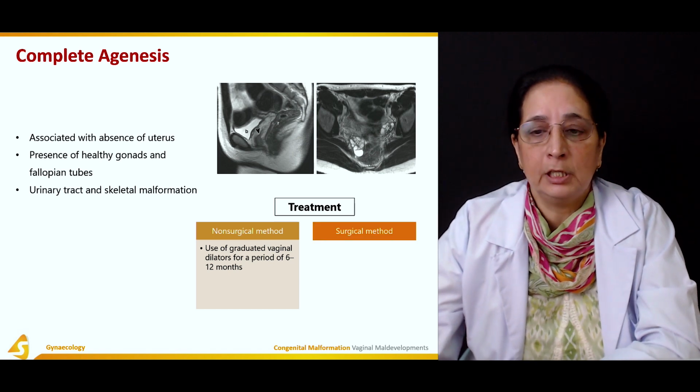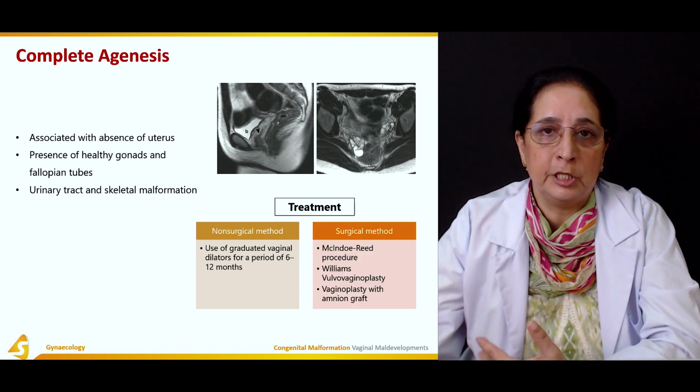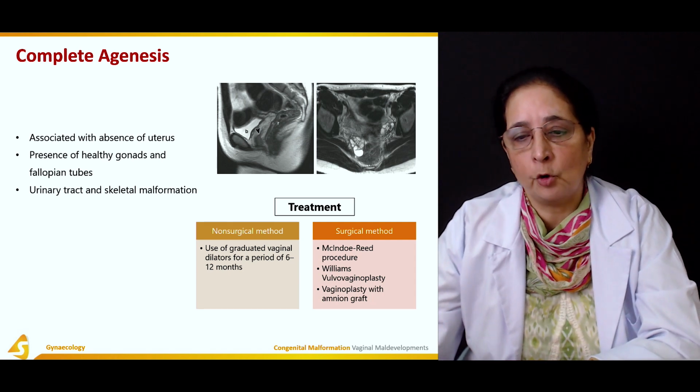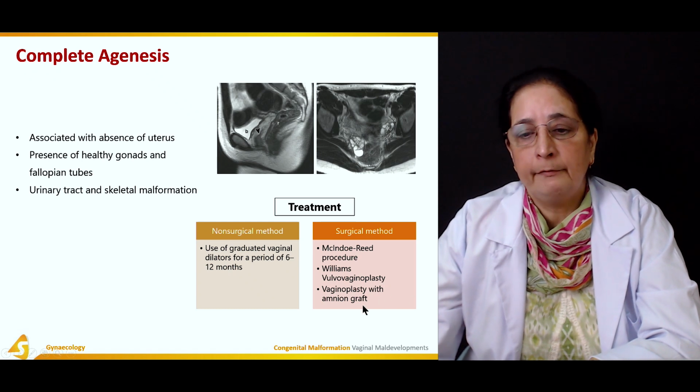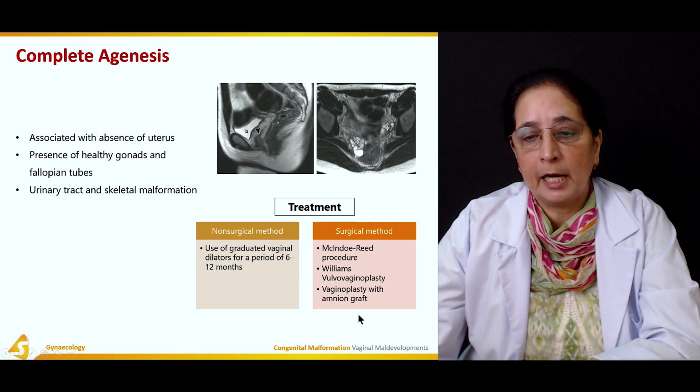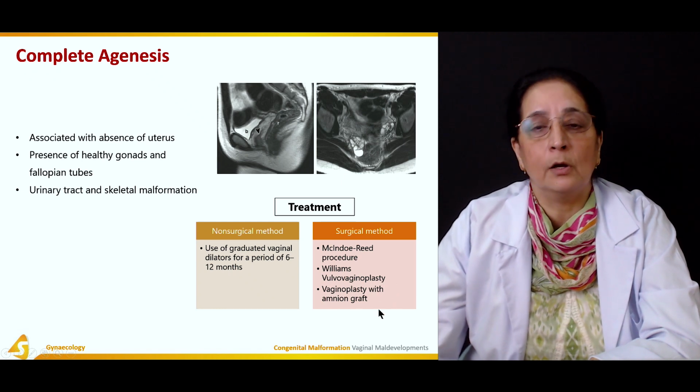Then we have surgical treatment in which different procedures are tried, such as the McIndoe-Reed procedure, Williams vulvovaginoplasty, and vaginoplasty with amnion graft.